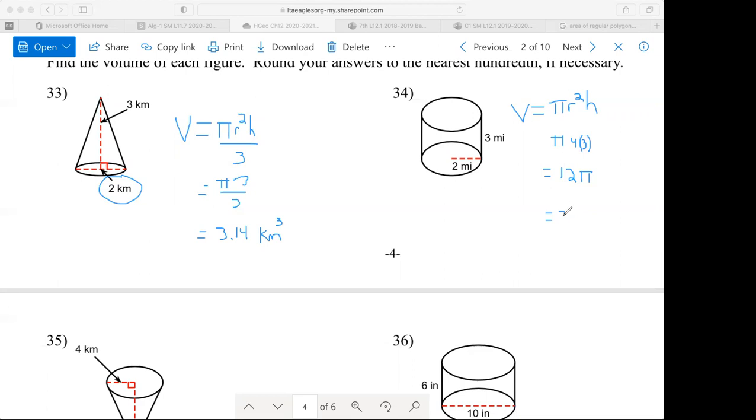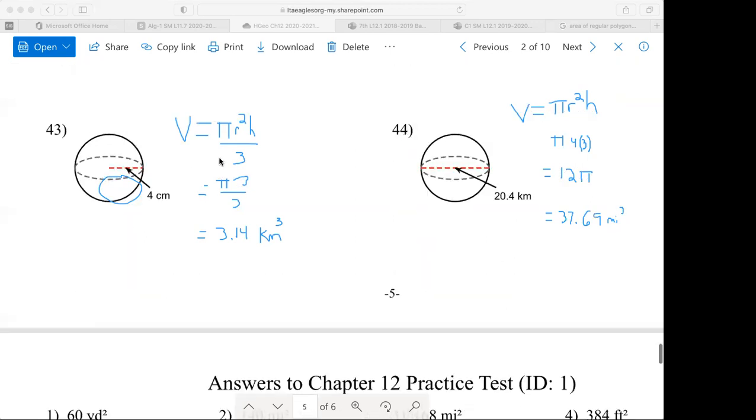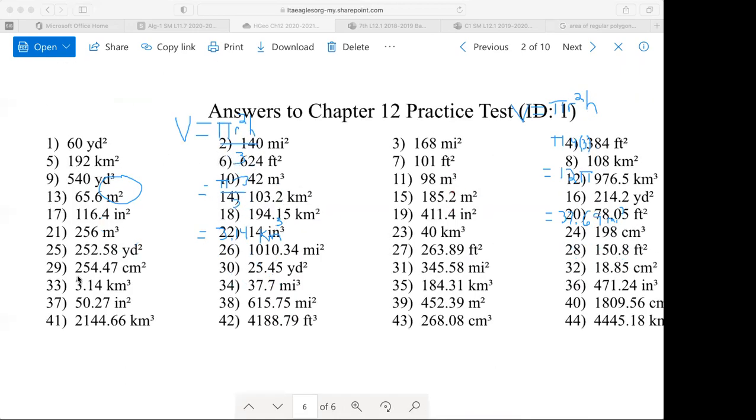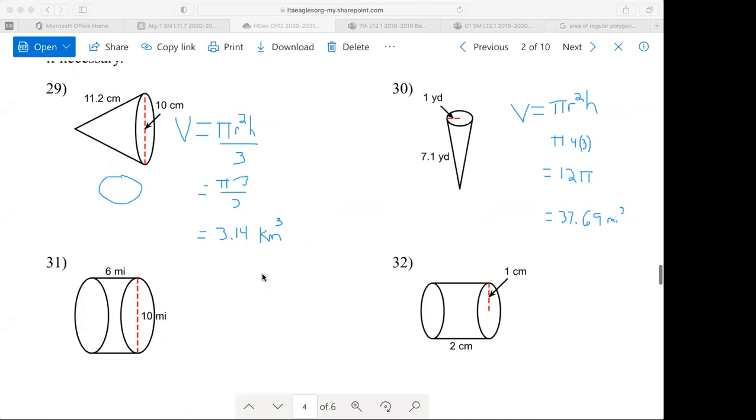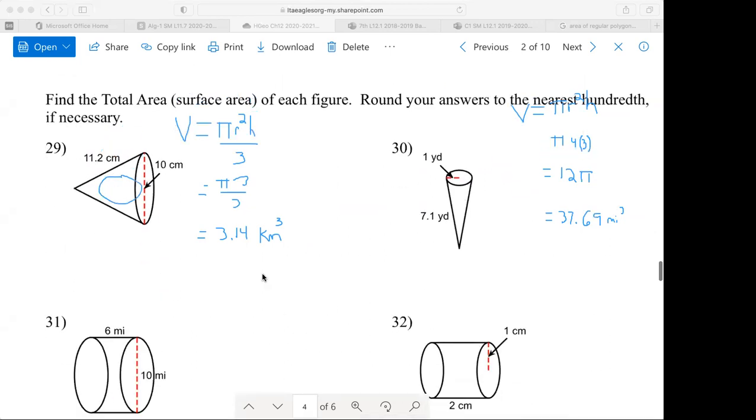Yep, 37.69 using the pi key. So we got 3.14 for 33 and 37 for 34. Does it say round to the nearest 10th? No, it says round to the nearest 100th.